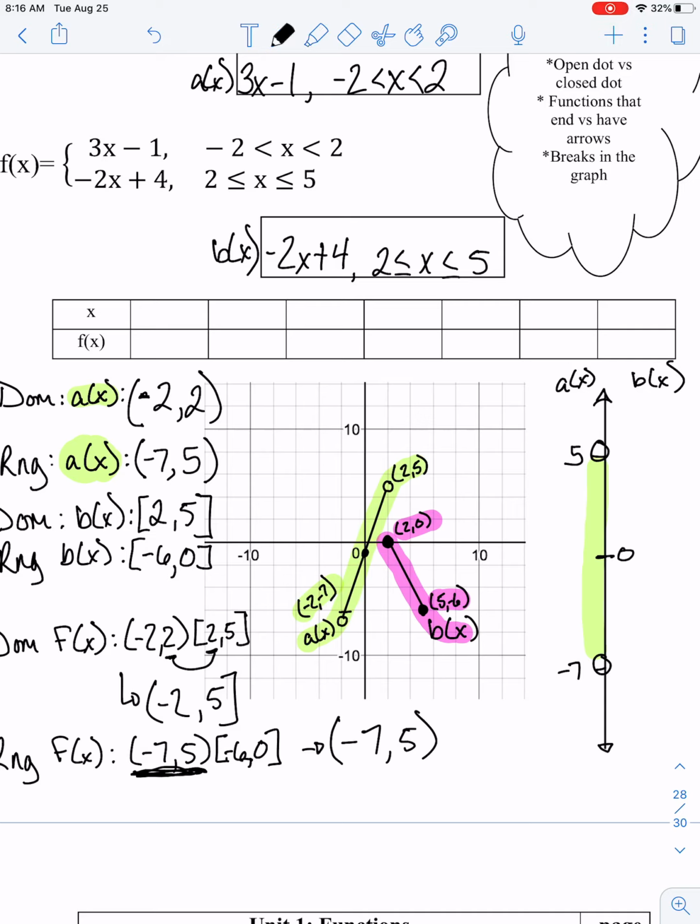I can then look at the range of b of x, which was -6. So -6 is bigger than -7. Look at my dot. I have a bracket, so therefore I can shade it. I have 0, which is also a bracket.